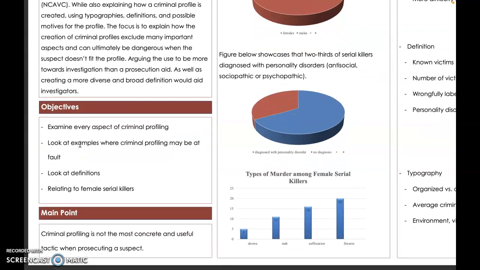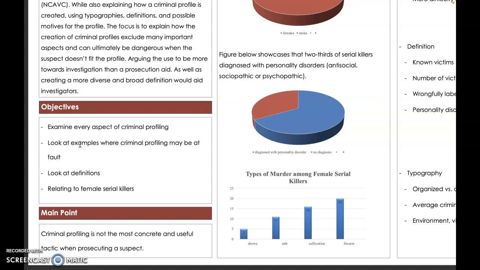The objectives of this paper were to examine every aspect of criminal profiling, meaning the definitions, the motives, typographies, generally any aspect that will aid in criminal profiling a suspect.